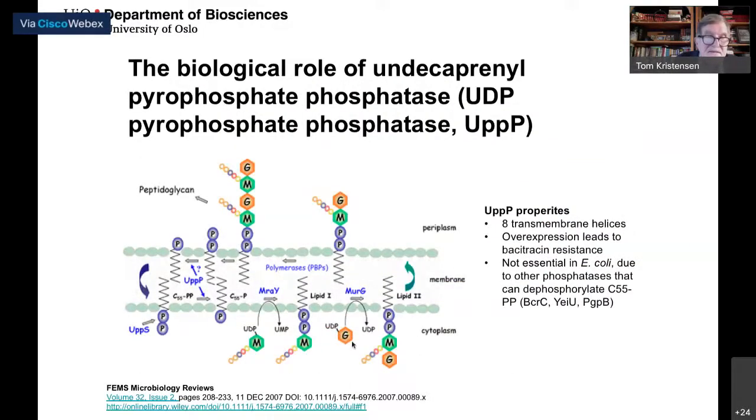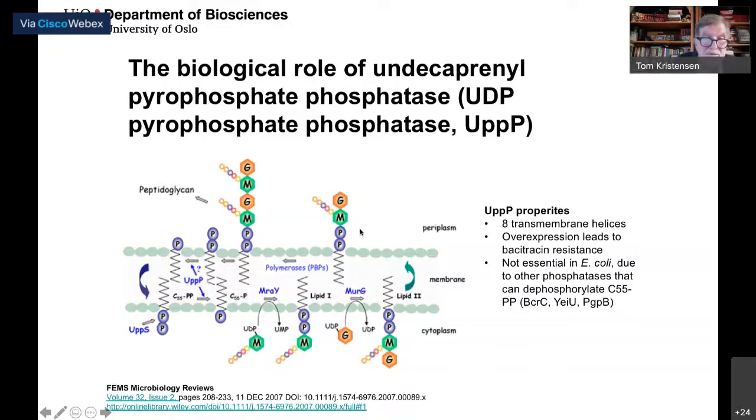This shows how this protein actually functions. We won't have time to go through this in detail, but this figure shows how the peptidoglycan layer in the cell wall is produced using a lipid called lipid 2 as a carrier for the whole thing.